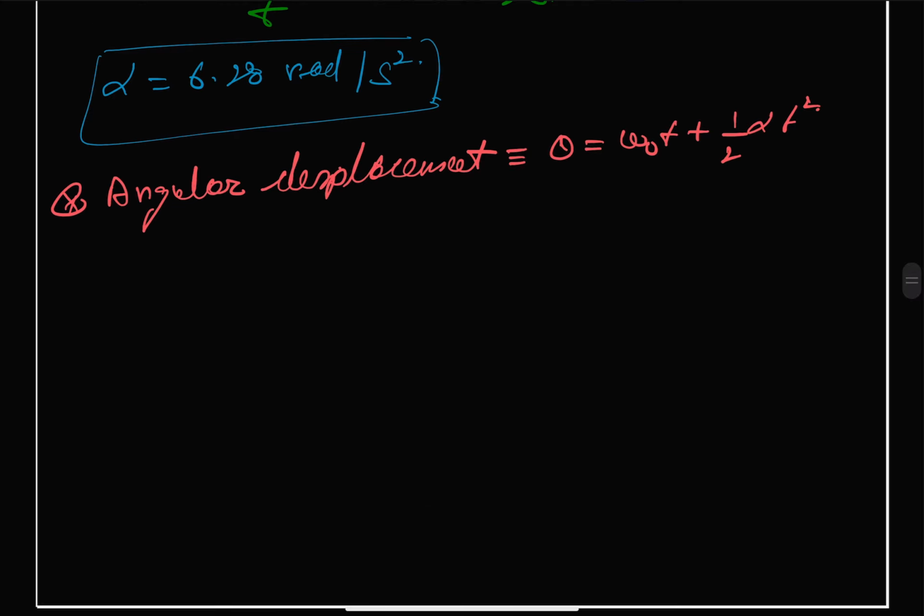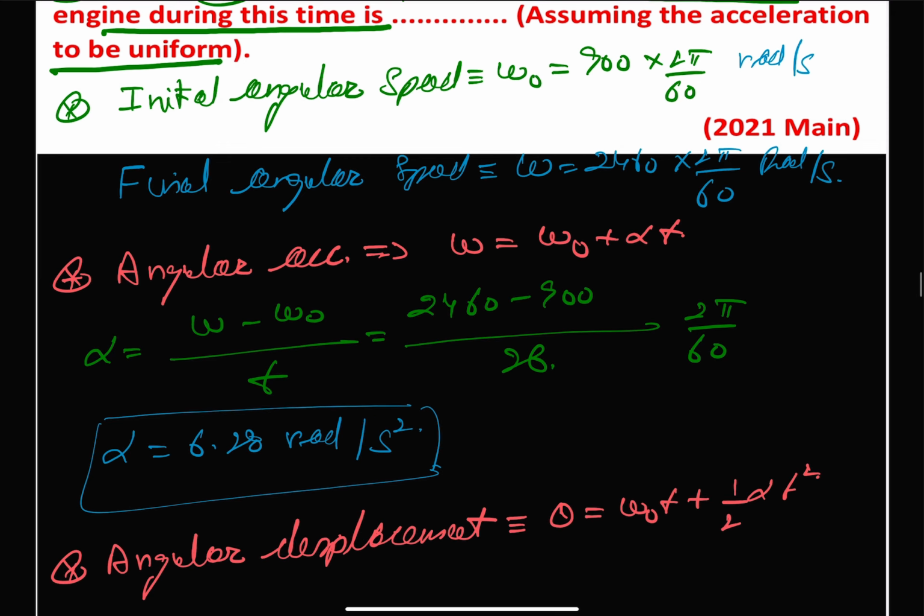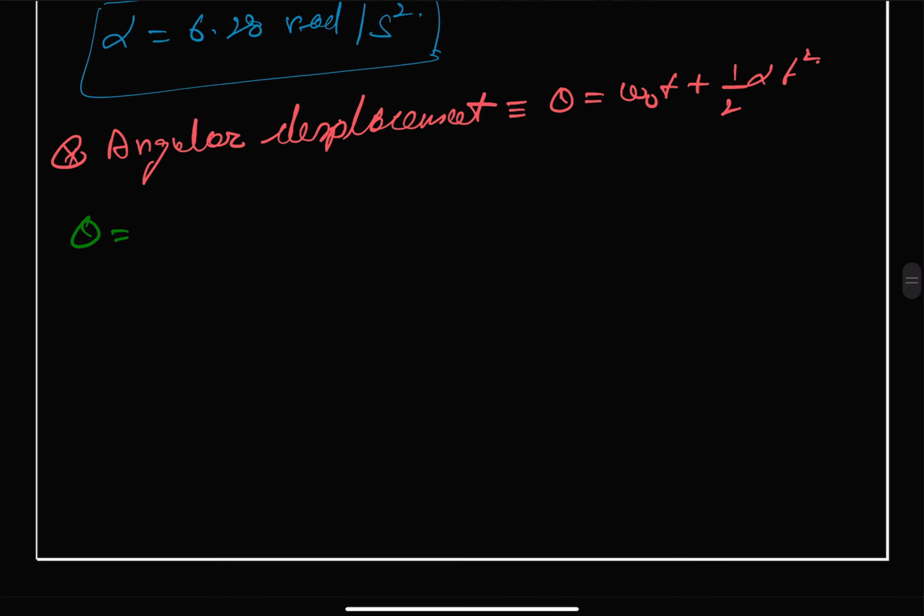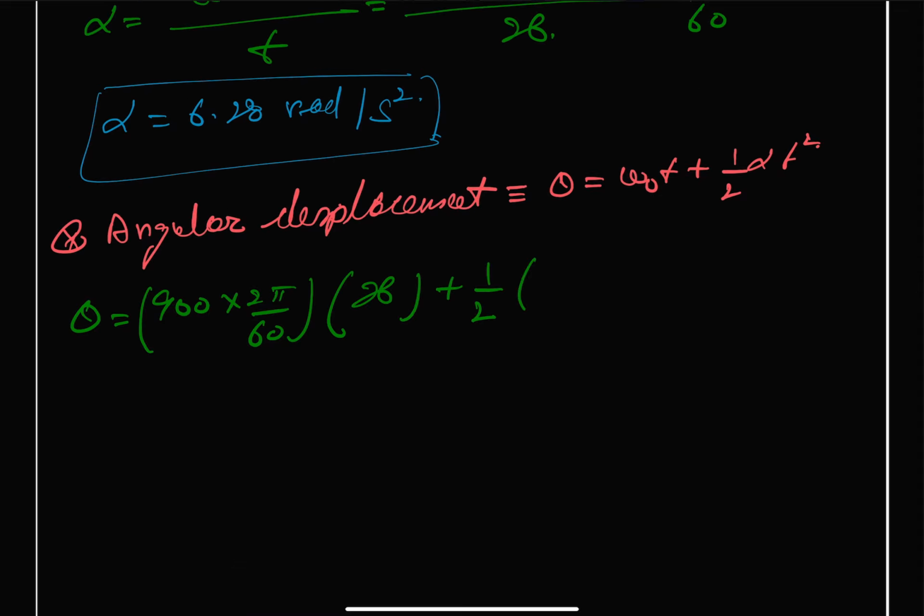We know all the values, so theta equals 900 × 2π/60 × 26 plus half × 6.28 × 26 whole squared.